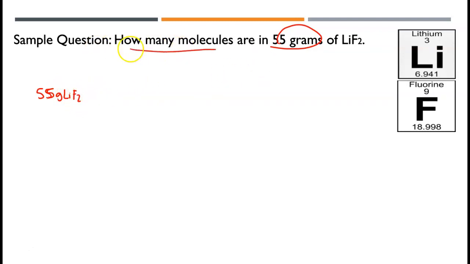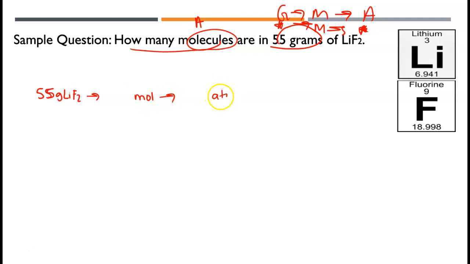Our question's asking us how many molecules, so we want to go to molecules. Remember, molecules is kind of like saying atoms. So from GMA, starting with grams, we need to go to moles first, and then we can go to atoms, which is the same thing as saying molecules. So we can go ahead and do our train tracks.